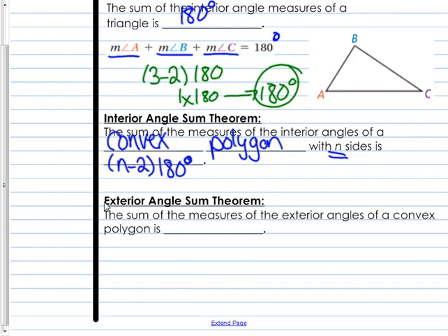However, the exterior angle sum theorem says the sum of the measures of the exterior angles of a convex polygon is 360. So if it's a convex polygon, no matter how many sides it is, all of its exterior angles are going to add up to 360. Its interior angles change depending on the number of sides. Number of sides minus 2 times 180.